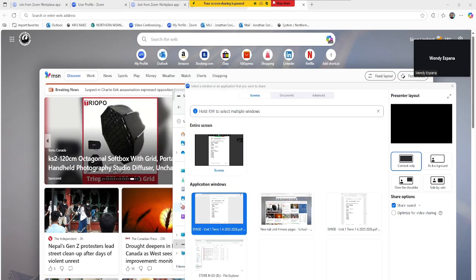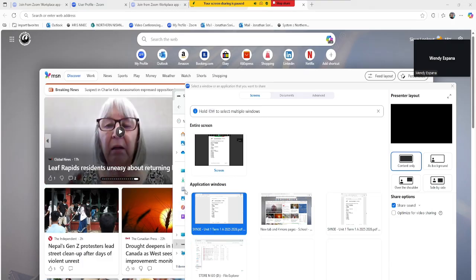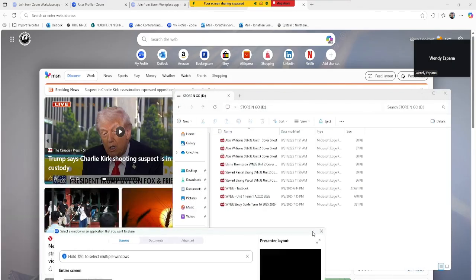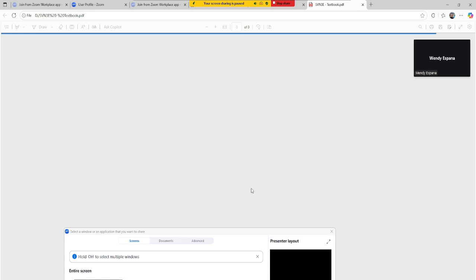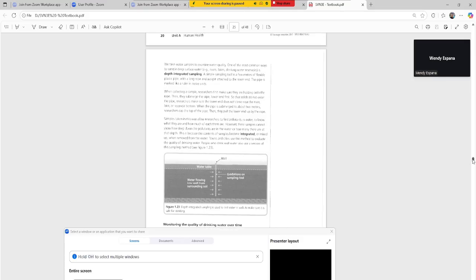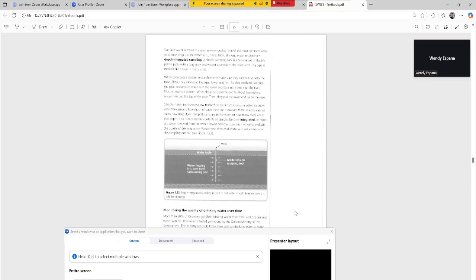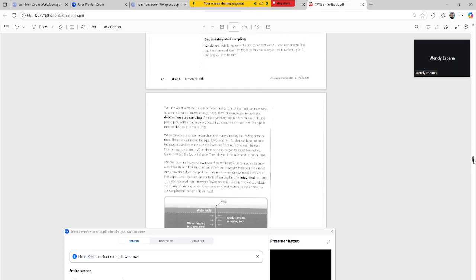And once we get into the workbook, we're going to go back to what we finished last time. If you recall, we finished looking at the water sampling and monitoring drinking water is where we're going to get into this time. We looked at depth integrated sampling, and we're going to go heavy into that now.